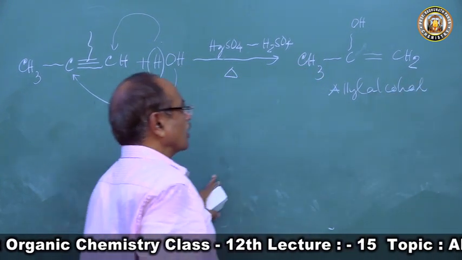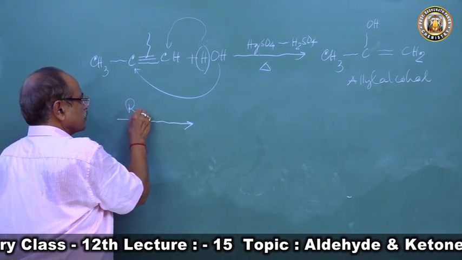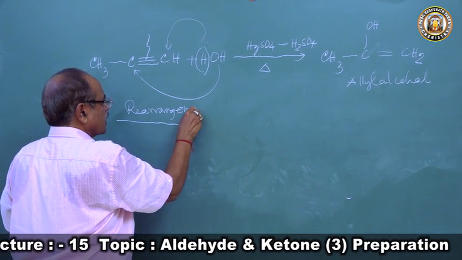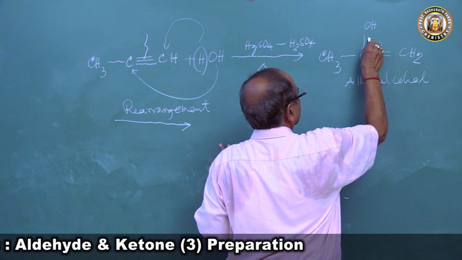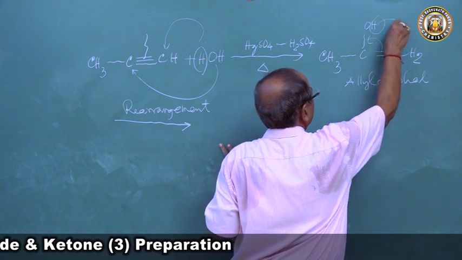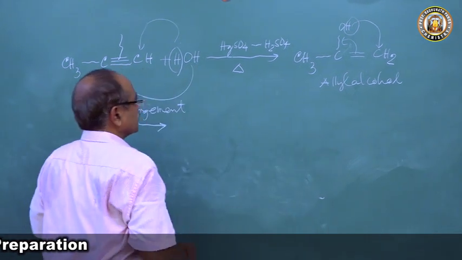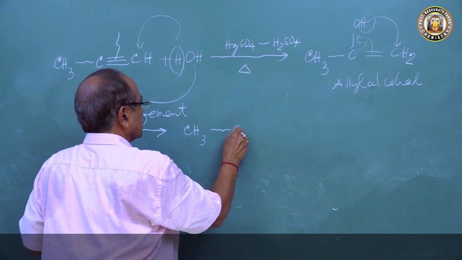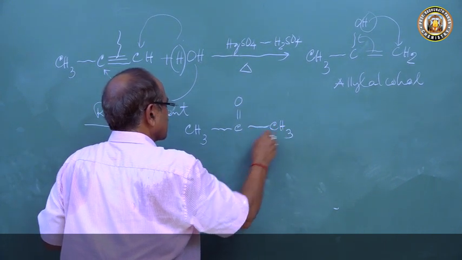Now this allyl alcohol will undergo rearrangement. What will happen? This double bond will come to this place and the hydrogen atom will go to this carbon atom. So we'll get the compound CH3COCH3. This is acetone.